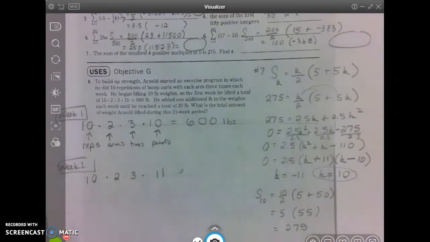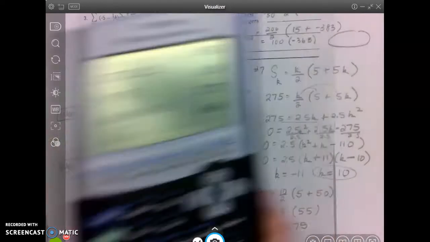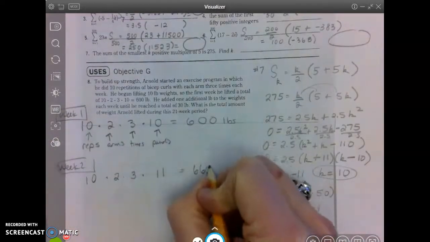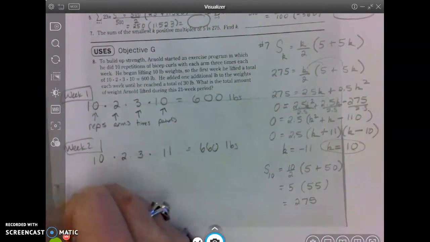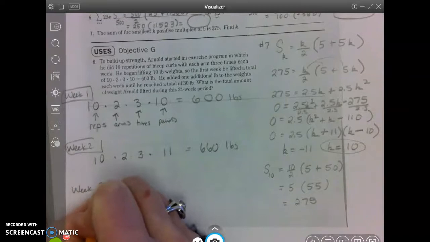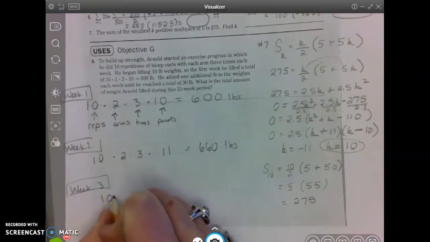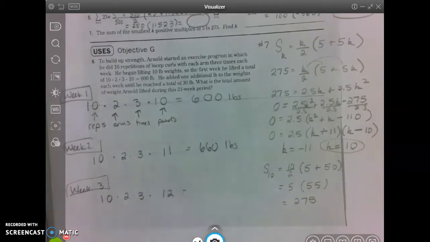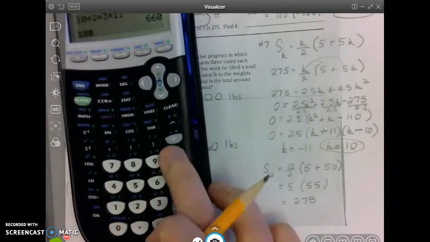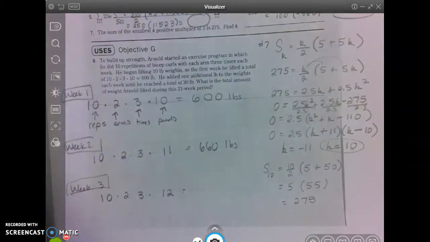So if you use your calculator, 10 times 2 times 3 times 11, 660 pounds that he lifted total week 2. So week 3, he's going to lift 10 reps, 2 arms, 3 times, 12. Let's see, 10 times 2 times 3 times 12, 720 pounds.